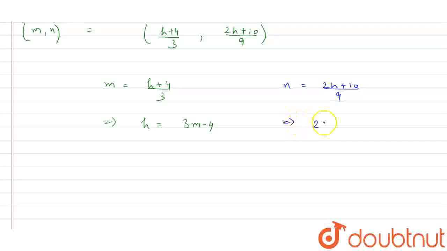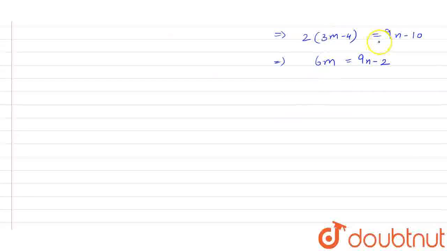So from here, 2h is equal to 9n minus 10. We have the value of h, so we'll put it here. So it will be 2 times (3m minus 4) is equal to 9n minus 10. On further solving this, we'll get 6m is equal to 9n minus 2, right? So we have just solved this equation.